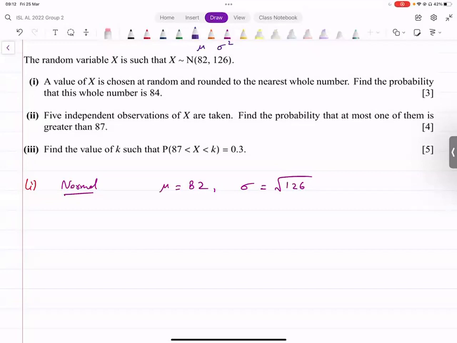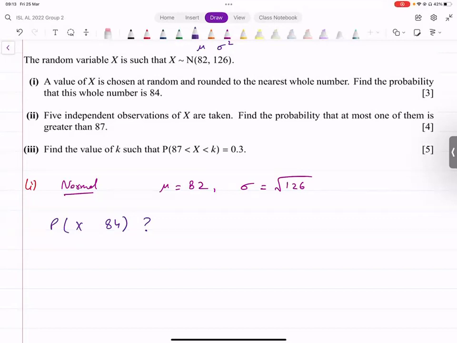Okay. क्या find करना है? Are we looking for x equals 84? Is that what we're looking for? Or is it something else? X is less than 84 क्योंकि फिर round off होके 84 होगा.